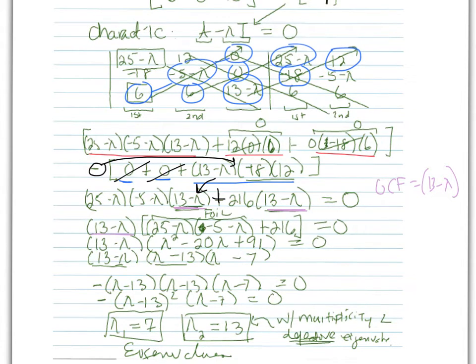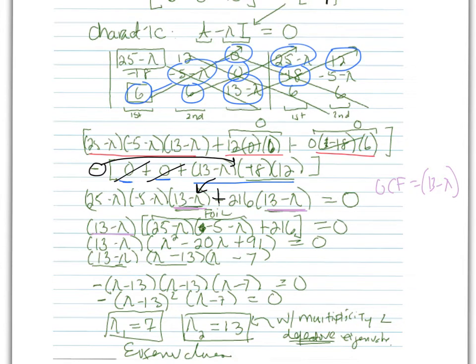These 2 are left, so that's why I have that there, and then my 216 is left. So I factored this out. Now here I do want to multiply this out because I'm adding a term here, so I'm going to factor again. I multiply this out, and I get this after adding 216.